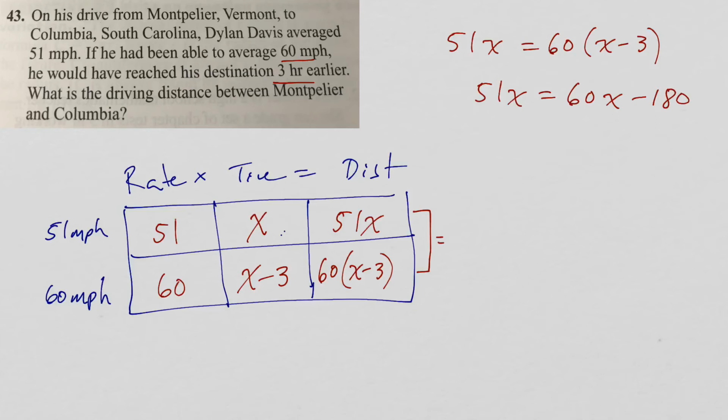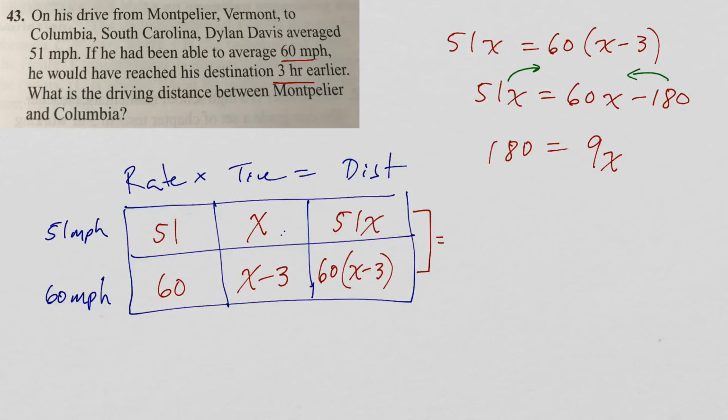Now I'm going to bring my 51x to the right by subtracting it, and I'll end up with 9x. 60 minus 51 is 9. And then I'm going to bring my 180 to the left, so that'll become a positive 180 here on the left.